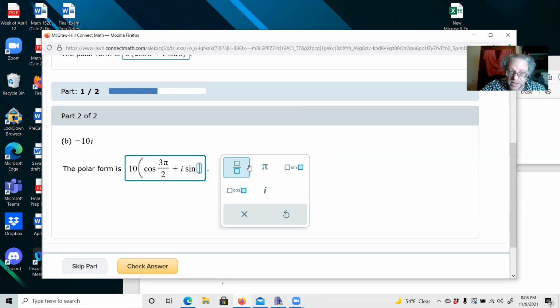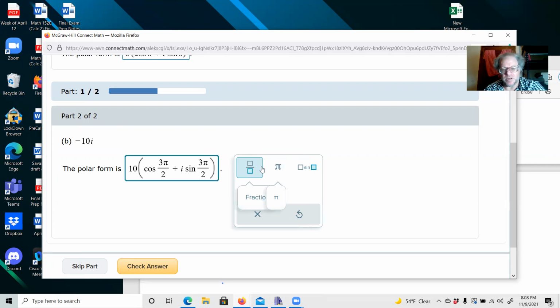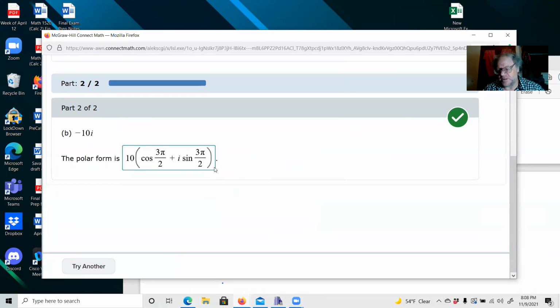Plus i sine of 3 pi over 2. Okay, and then we can close this off. That's going to put it in the negative format. Don't put it here. Put it there. Right? And then we're good.